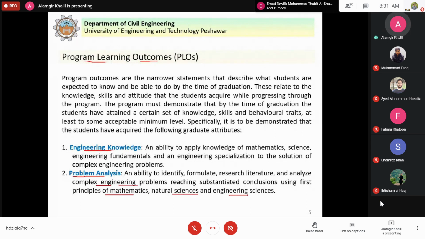So these PLOs are written in general terms because these are applicable to all areas of science and engineering. So the course learning outcomes that will be achieved, their contribution will go to this PLO1 and PLO2.